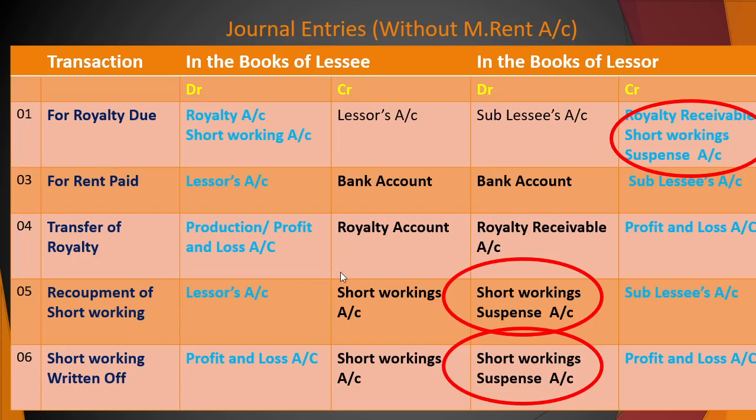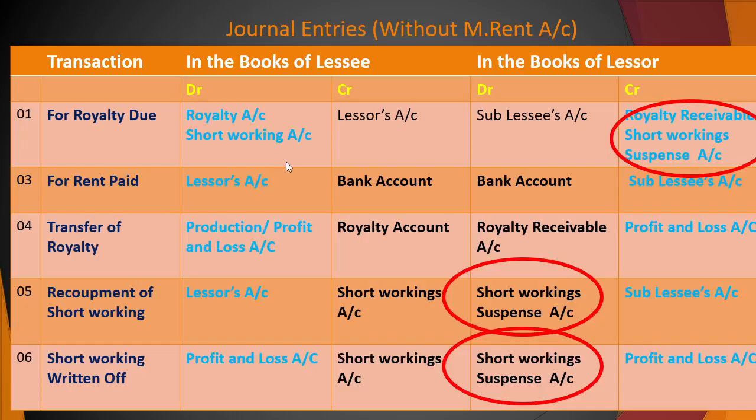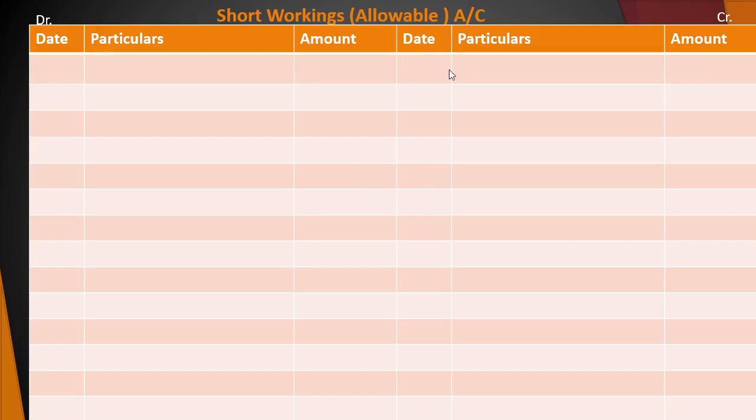So hope you can easily prepare the short workings account as well as the Sub-Lessee's account, because it's the same as our previous problems. So there are no changes. So let me start with the short working suspense account. Short working suspense account in the books of Asha.